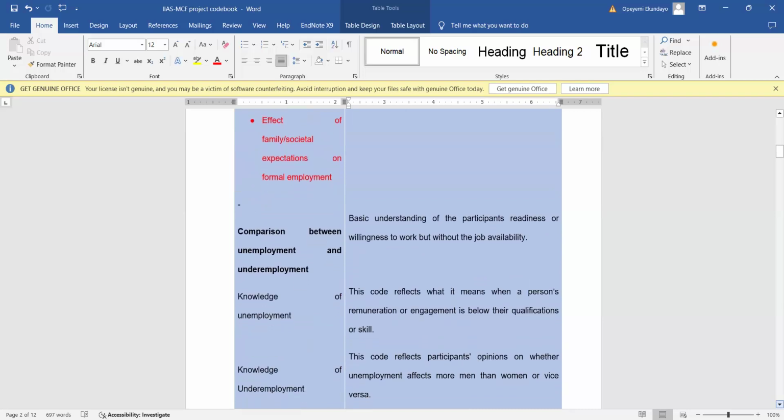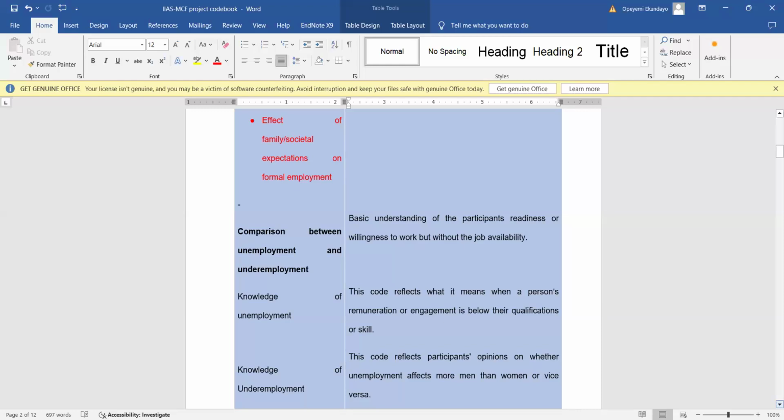So it was to understand the participant's readiness or willingness to work, but without job availability. That is the understanding that we went to the field with.